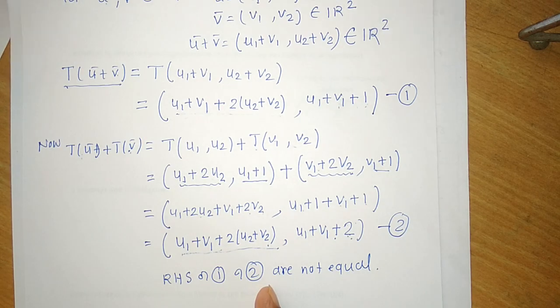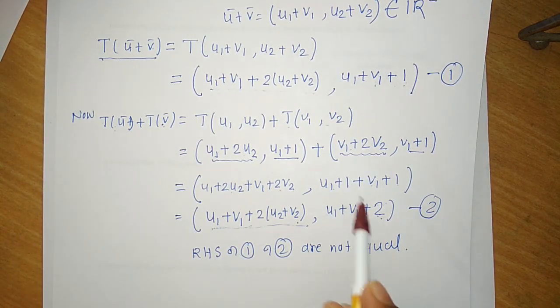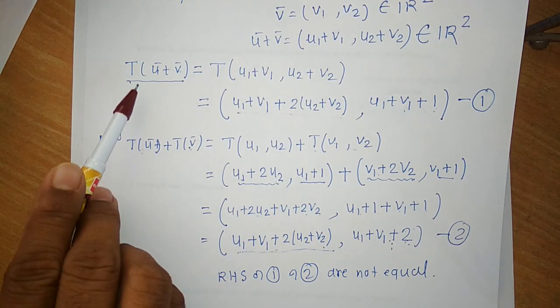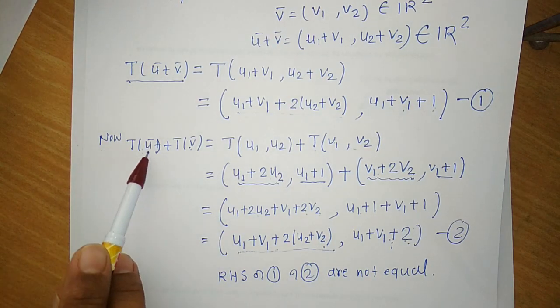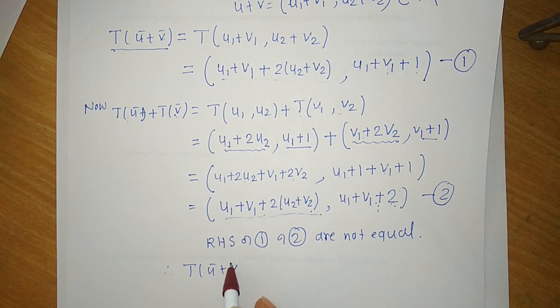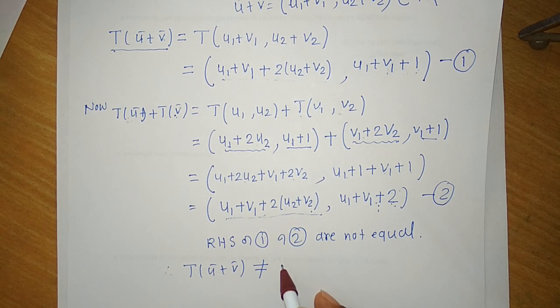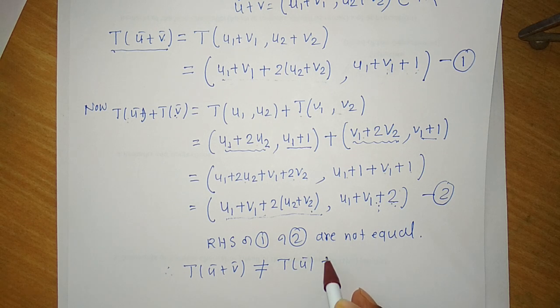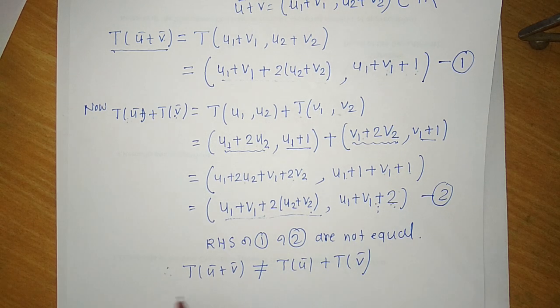Therefore their left sides, T of u bar plus v bar and T of u bar plus T of v bar, are not equal.